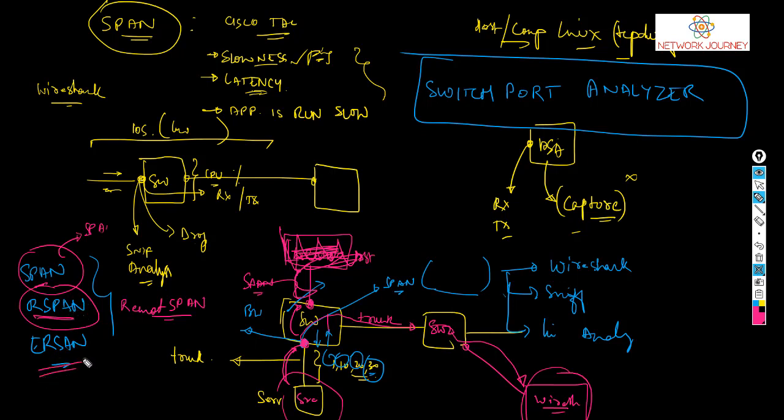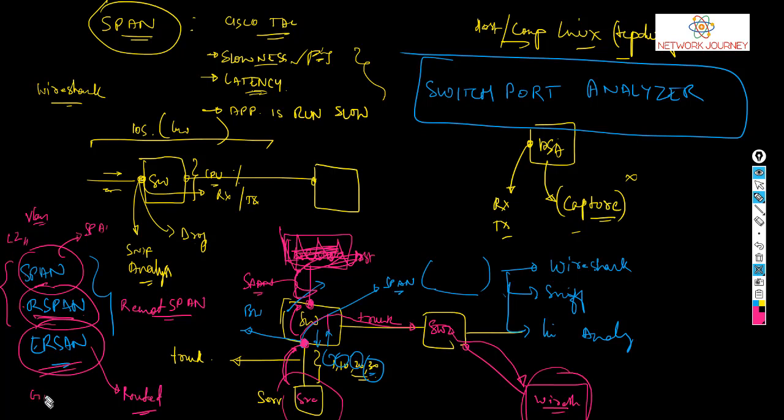Now what is ERSPAN? SPAN and RSPAN were capable of L2 traffic. I was talking about it from the VLAN point of view, right? There was no routing involved. Whereas ERSPAN is for a routed port analyzer, okay? And how do we get this?